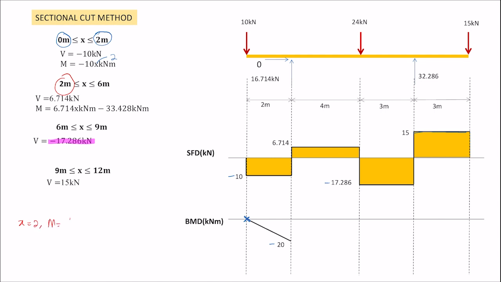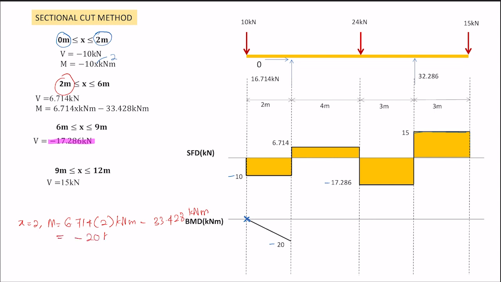M equals 6.714 times 2 kilonewton meter minus 33.428 kilonewton meter. The answer is still negative 20 kilonewton meter. Meaning the number is here, it does not go anywhere, no going up, no going down.